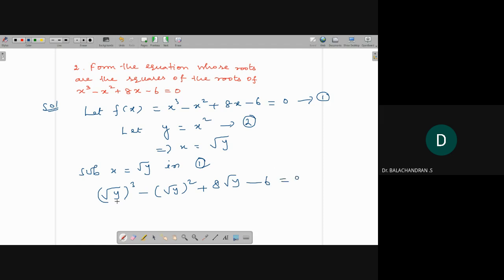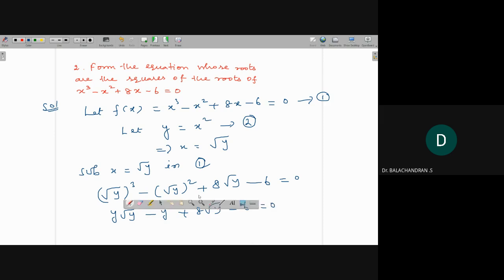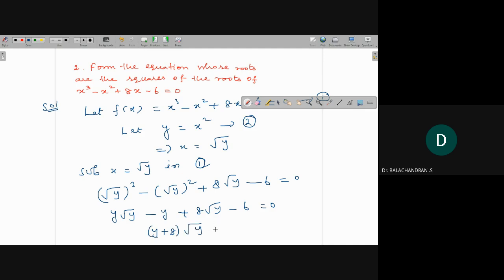So this is y root y minus y plus 8 into root y minus 6 is equal to 0. Now group the first term and third term. Root y is common. So y plus 8 into root y. I will write this y and minus 6 on the right hand side. So y plus 6. I want to eliminate the square term.